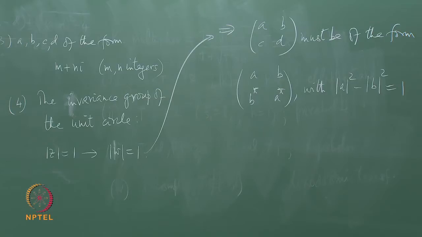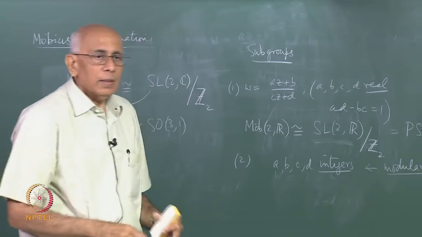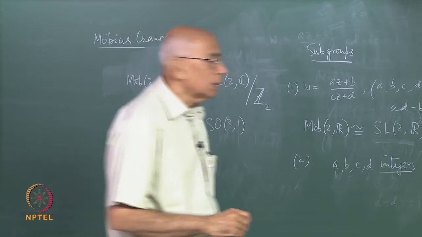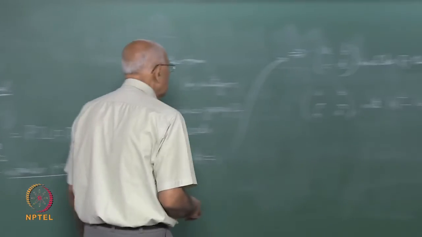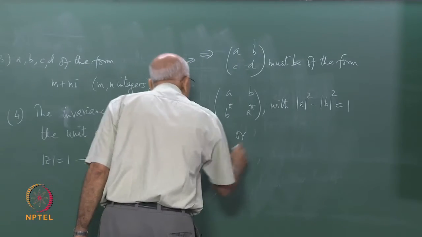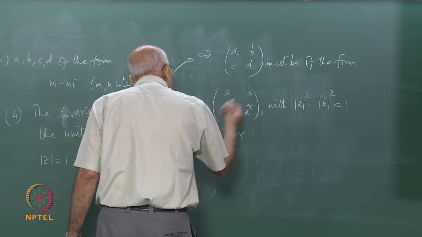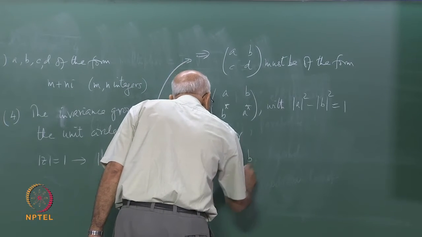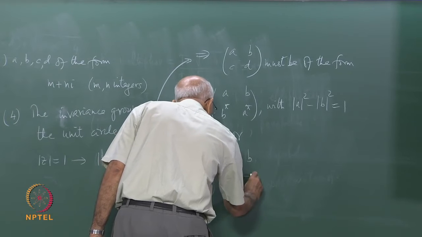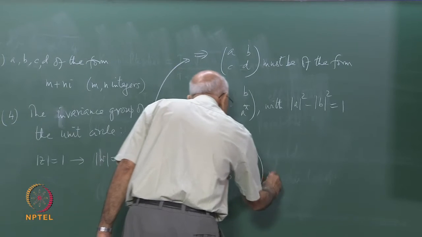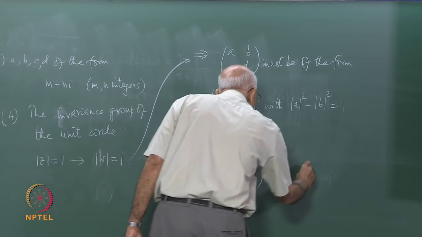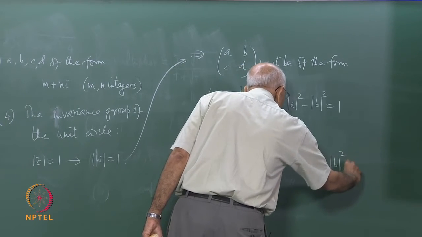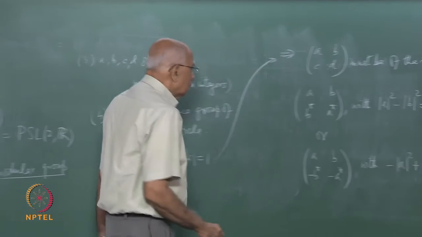Then you are guaranteed, once this condition is satisfied, that mod Z equal to 1 is mapped to mod W equal to 1. Let us call this one set of matrices, or it should be of the form A, B, minus B star, minus A star, with minus mod A squared plus mod B squared equal to 1.